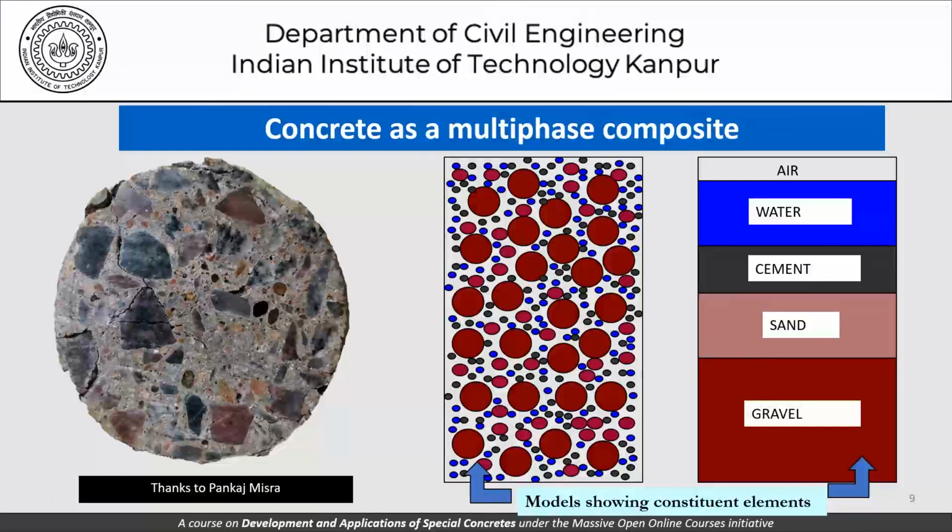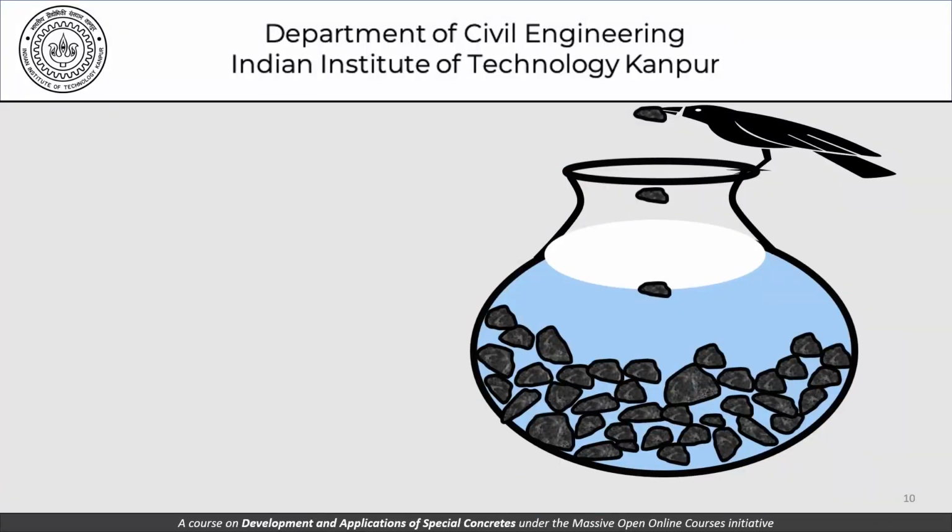We've seen that concrete is a multi-phase material. This is the lumped volumes of the different constituents, the gravel, the sand, the cement, water. This is a picture which is very important to us when we think of proportioning concrete mixes. What it shows us is the old pitcher and the crow dropping these stones into the pitcher and the water continues to rise.